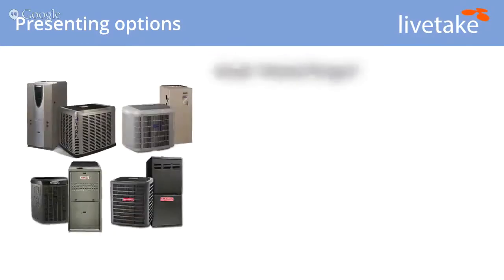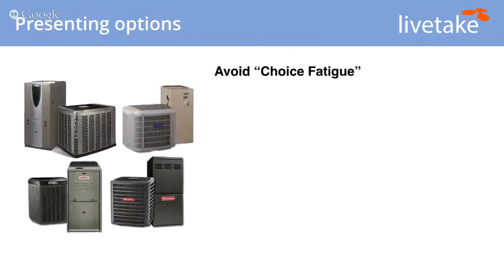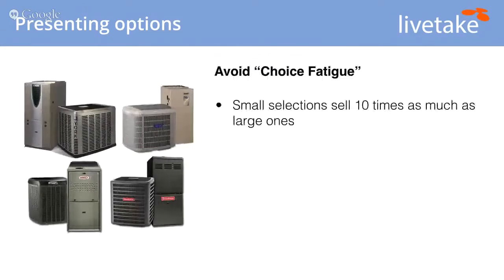So now let's look at, you've done that, you've given away, you're getting into your sales presentation now, and how do we present the options in a way that is more conducive to generating a consumer decision? The first thing you want to do is avoid choice fatigue. Small selections actually sell 10 times as much as large ones. There was a study, I think it was Columbia University that did this experiment, with jams.